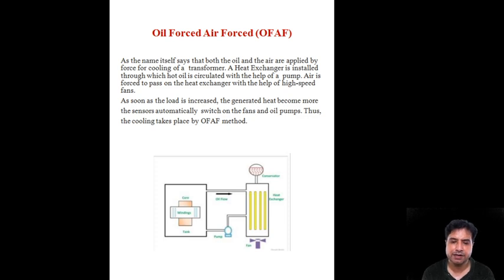So continuously what happens is, cool oil from the conservator enters the transformer tank, and heated oil is transferred to the heat exchanger, wherein it is cooled through the action of forced air, and then again it is recirculated towards the tank of the transformer. So this is how this cycle keeps going on.